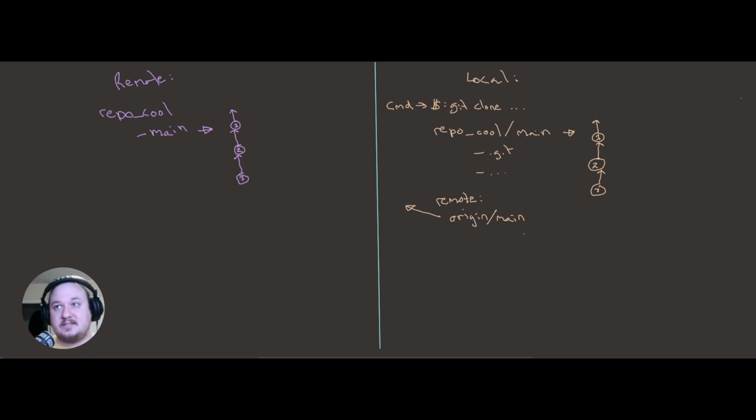And you can see this convention here where we have the remote here, and then the remote branch here. This is the convention you should get used to, right? So origin is a substitute name, or it's the address to our remote repo, and then main is the branch that we're pointing to specifically.